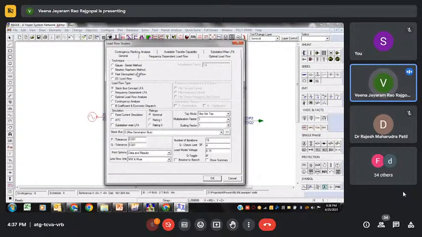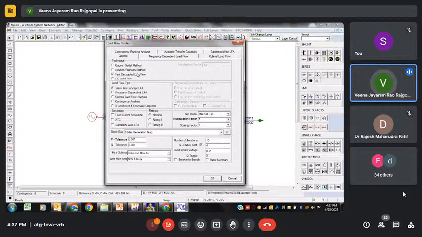That is again a concept of the analysis domain. So here, if we use the slack bus concept, we assume that there is one infinite bus which can take or give whatever is required. Okay, so at that time your frequency is maintained in the system, at least in the analysis, and the deficiency is always given by that slack. Okay, so that is one concept of load flow analysis.